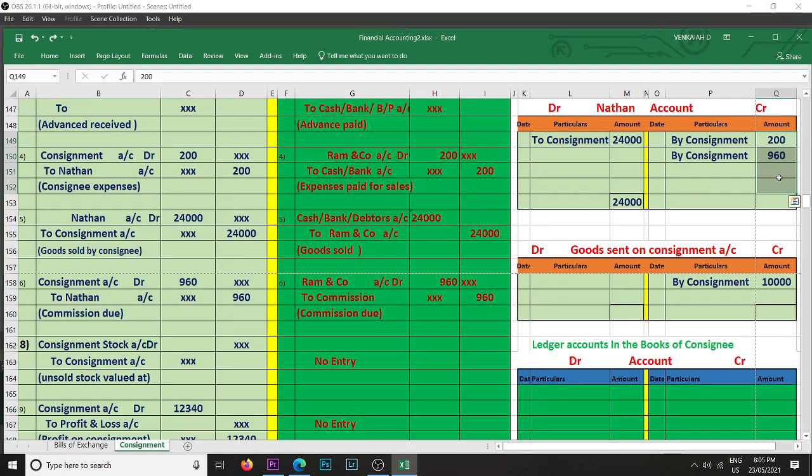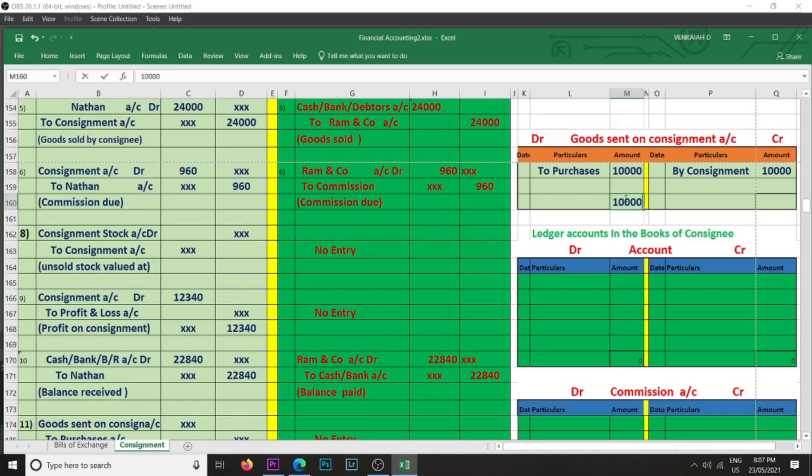Okay. So next, goods sent on consignment account to purchase account. Amount is 10,000. The account will be closed with the 10,000. The entry we also already passed.